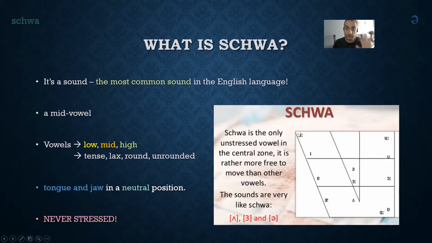So ee, i, e, and a are produced at the front of my mouth. That means the tongue is pushed forward a little bit. But when you say oo, o, and ah, these are back vowels. Okay. There's also front and back.